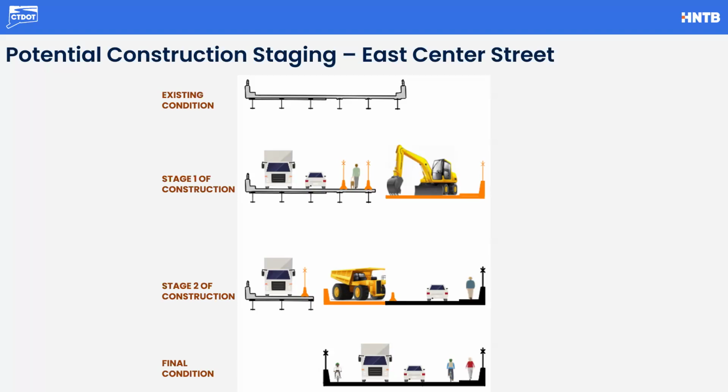So the design team may suggest going about a two-stage construction. It is definitely possible within our constraints. It would look like stage one of pushing all the traffic to one side of the roadway. So we would maintain traffic in both directions, so there would be no reduction of lanes. And we would provide protection for pedestrians.